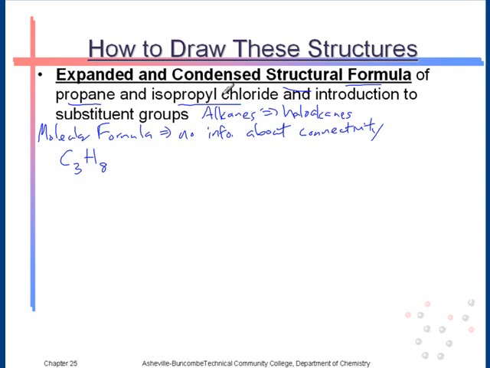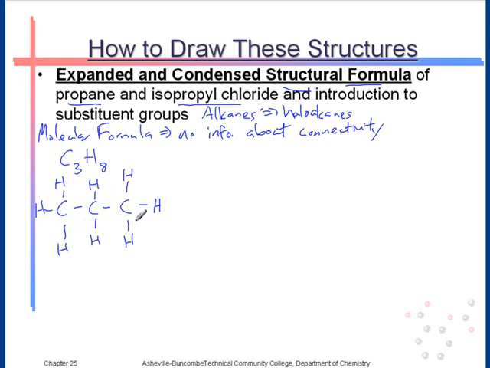Now, I'm going to do the expanded structural formula first because it shows us everything about the molecule. And I'm just going to give this to you. This is the expanded structural formula. It's very explicit. It tells you about every single feature on the molecule. There's 3 carbons that are placed together in a line, and then it's a saturated hydrocarbon.